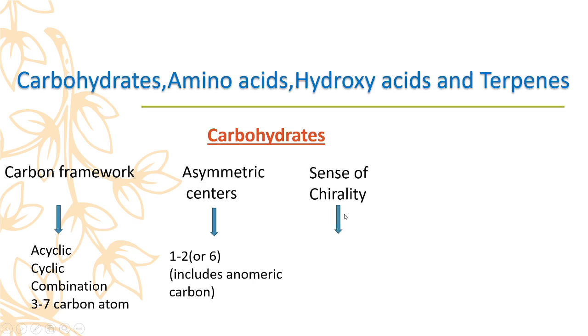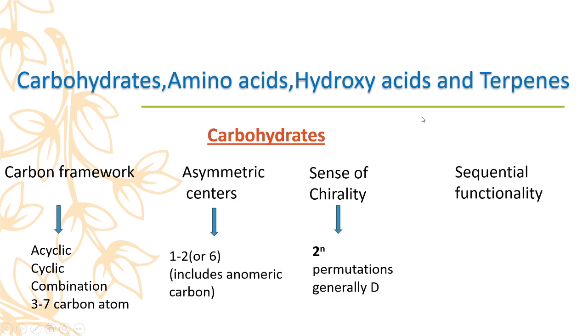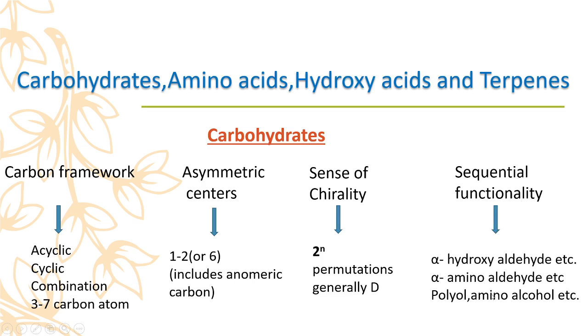Sense of chirality, 2 raised to n permutations, generally the D configuration is shown by the carbohydrate. Then the fourth one is sequential functionality. So the alpha hydroxyaldehyde, then the alpha amino aldehyde, polyol and the amino alcohol, etc.